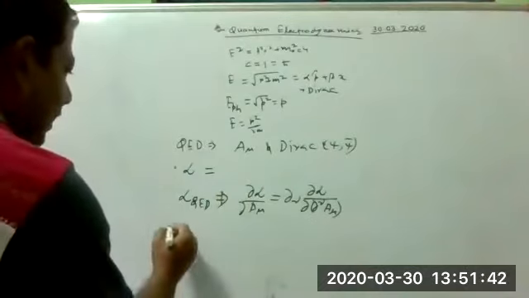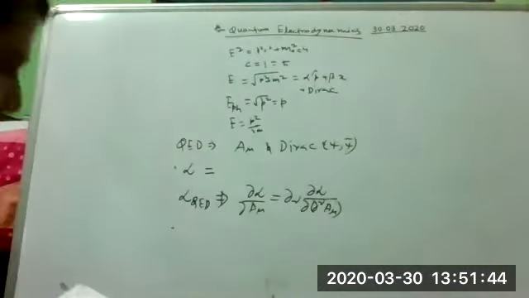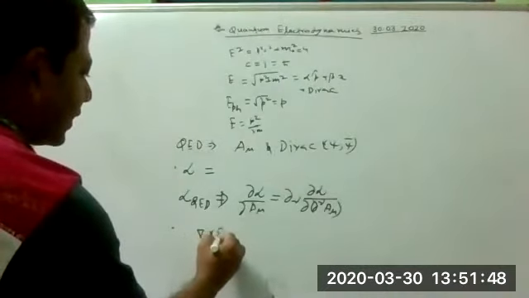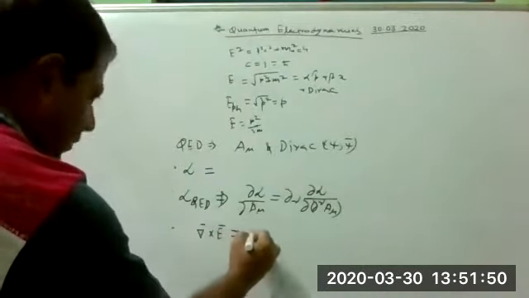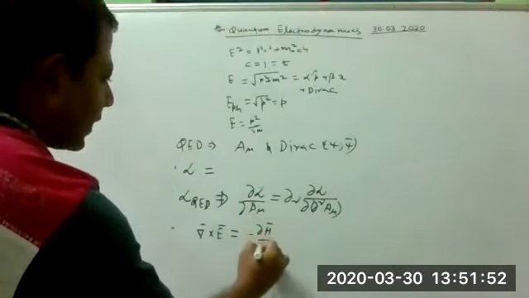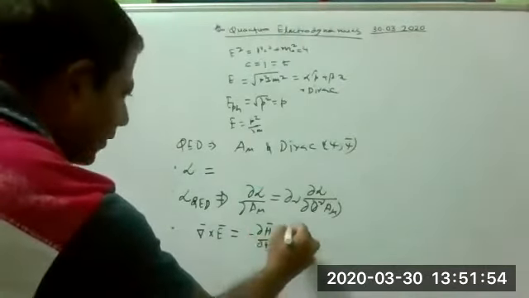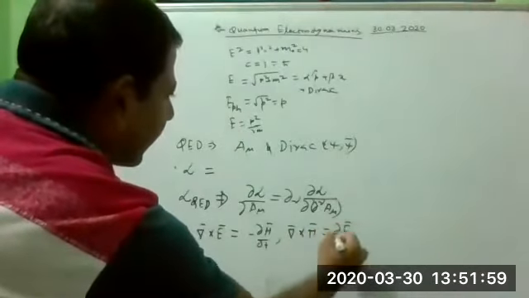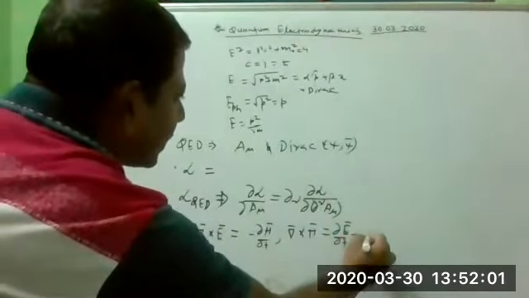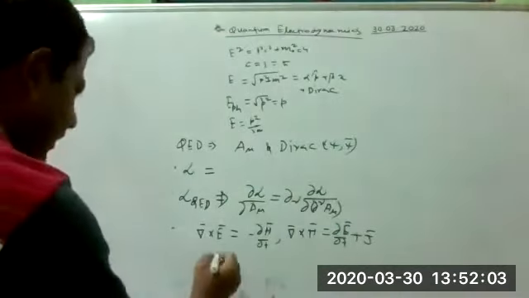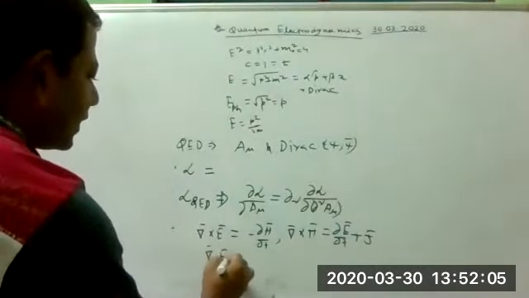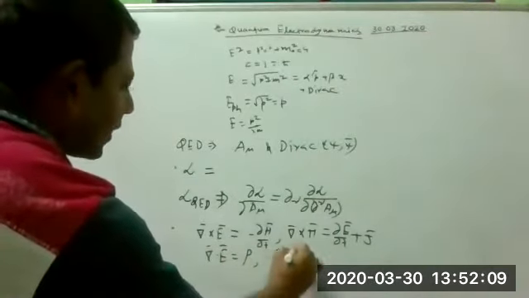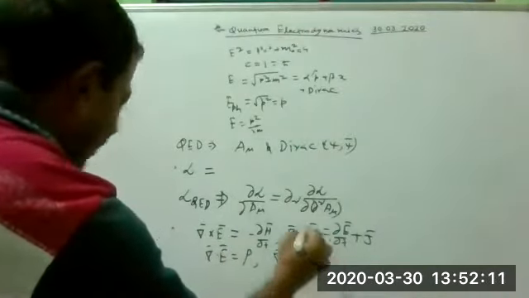Now, all of you know the classical electromagnetic field equations: curl of E equal to minus del H del t, curl of H equal to del E del t plus J, where J is the current density, divergence of E equal to rho, and divergence of H equal to 0, where H is the magnetic field.